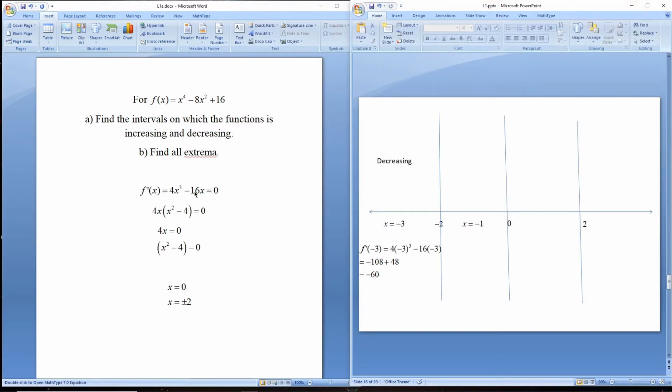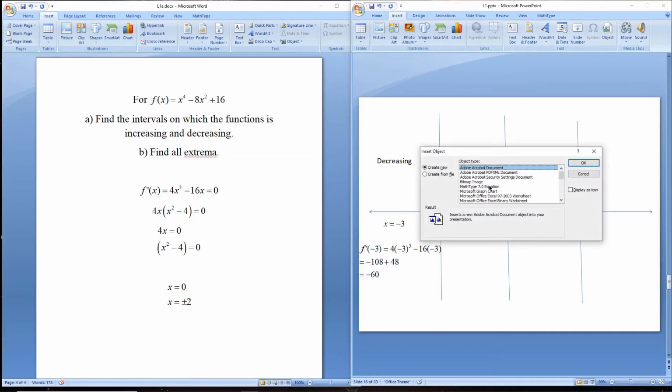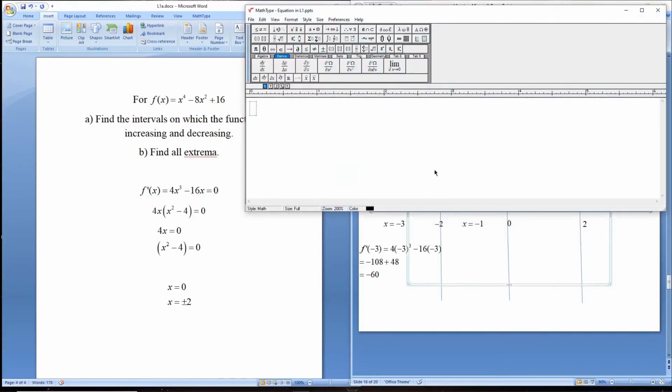And we'll plug that into the derivative. Oh, I can't paste the work into PowerPoint there. I have to rewrite that one in there. So we're plugging a -1 into our derivative. So we're going to have 4 and a -1 cubed, minus 16 times -1.